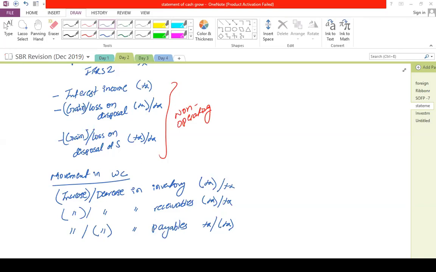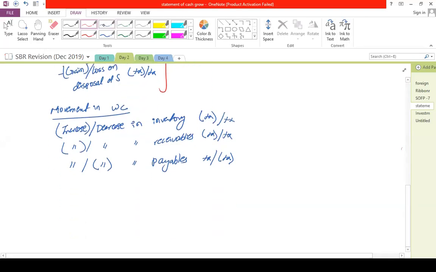So we are going to write the movement in the working capital after the non-cash and the non-operating items. And finally, we have to write the amount of the interest that we have paid and the tax that we have paid. So these are all the values that we are going to show in the cash flow from operating activities.